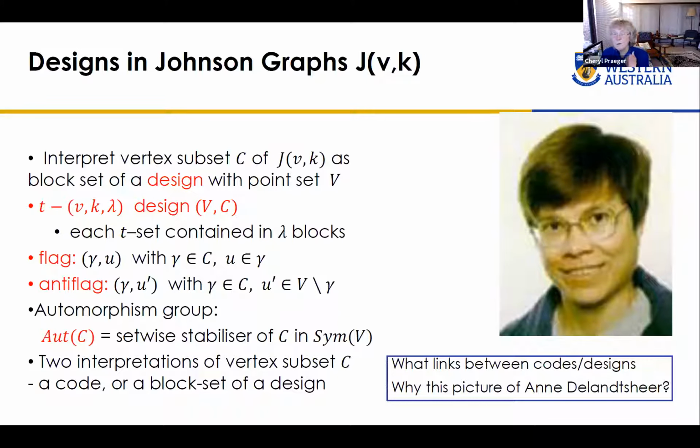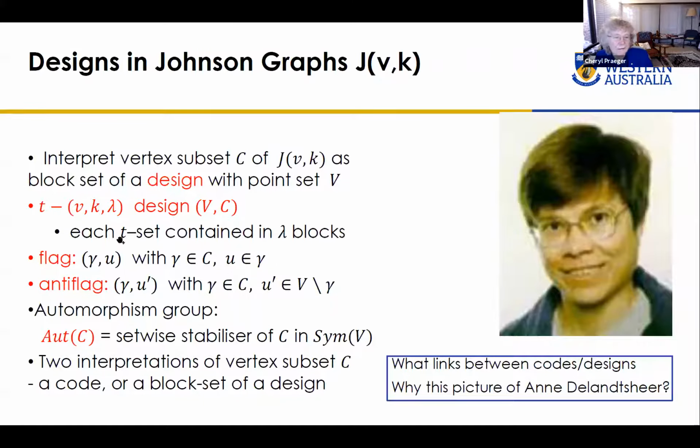Now, if you use this point of view, then you're more interested in introducing different kinds of regularity conditions than we did from the point of view of the code. So as a design, we might be thinking about T designs. So they will have the parameters V and K, which we've got already, and also a parameter lambda.